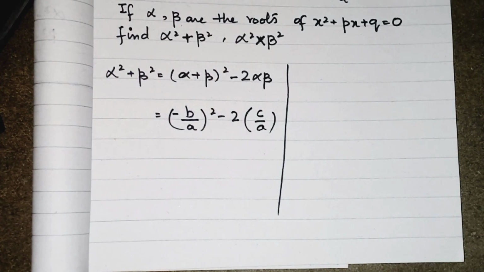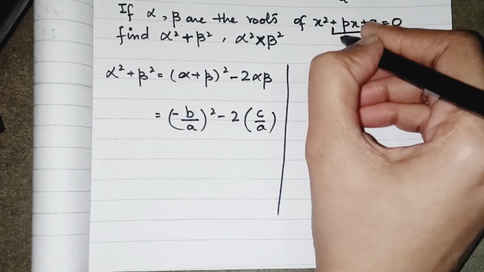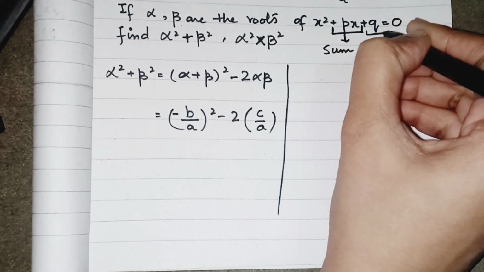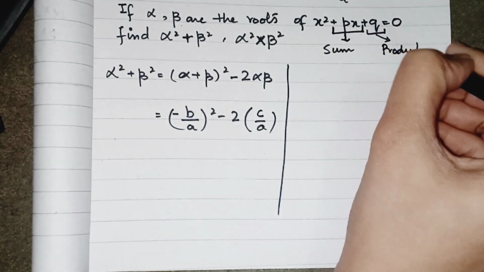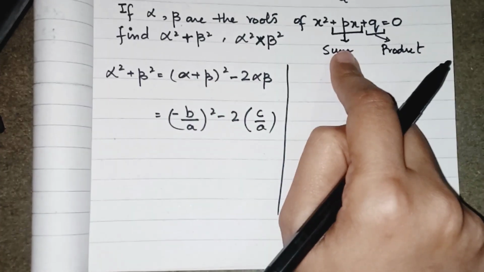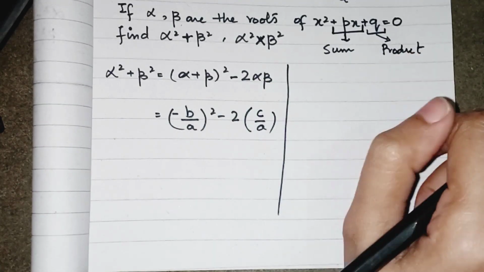Or if I can make it easier for all of you, we can say that the middle term is equal to the sum and the last term should be equal to the product, which means a plus b should be the sum and a into b should be our last term.